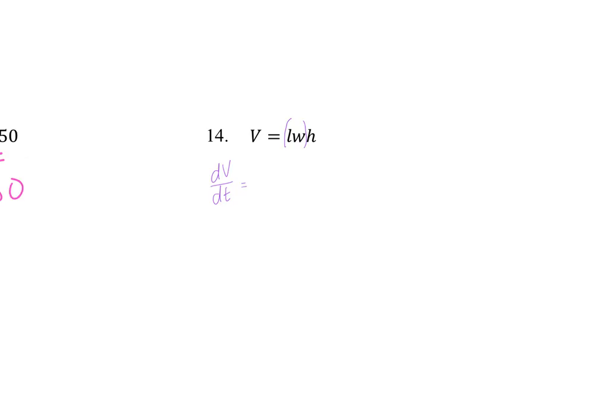The first times the derivative of the second plus the second, and then the derivative of the first is going to be, it's like your peanut. I have to do the chain. So let's go inside there. It's the first times the derivative of the second plus the second times the derivative of the first.